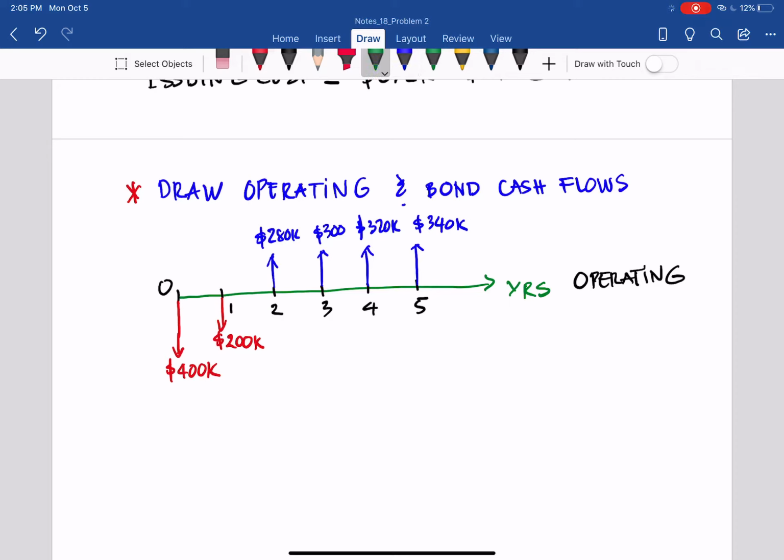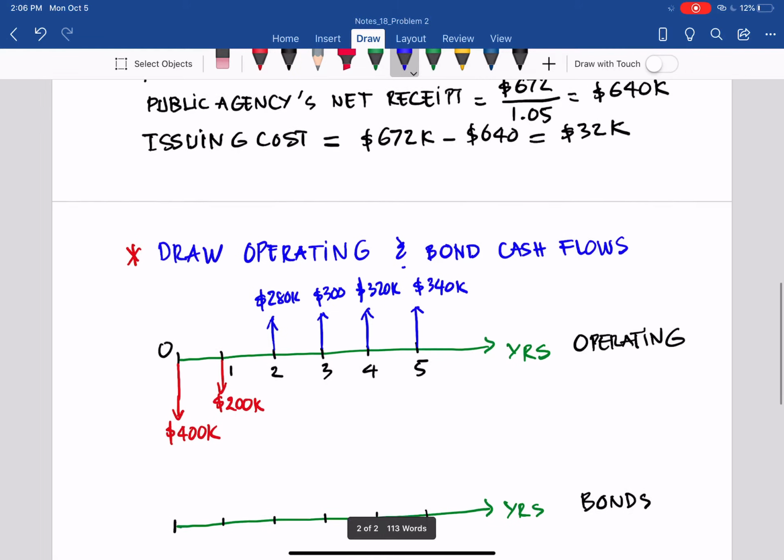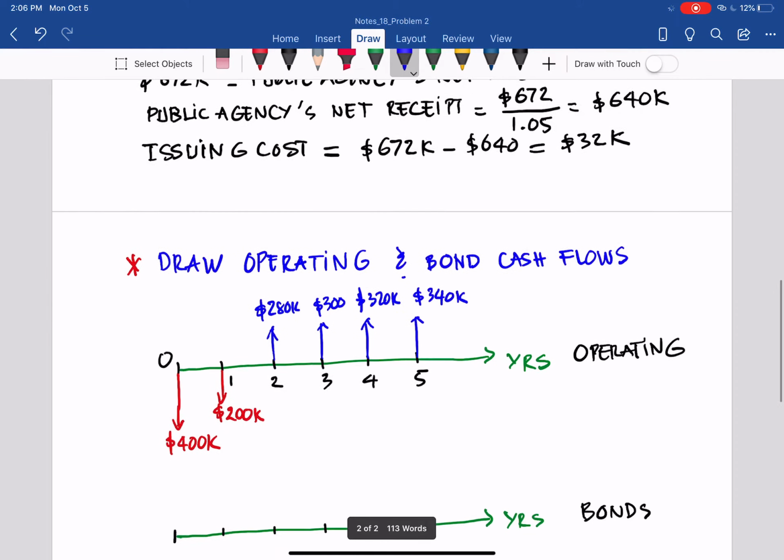And then we have the bond cash flow over years, and in this case we're talking about the bonds, also over 5 years. For the bond, at the beginning you got 672,000.